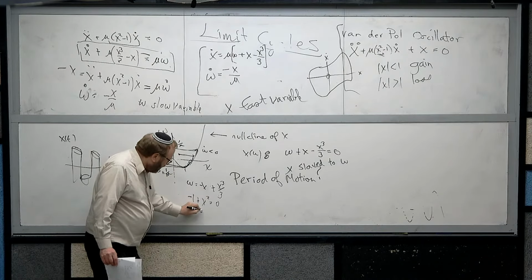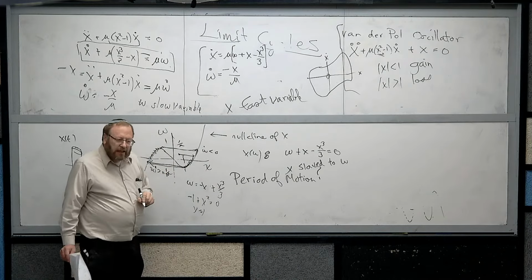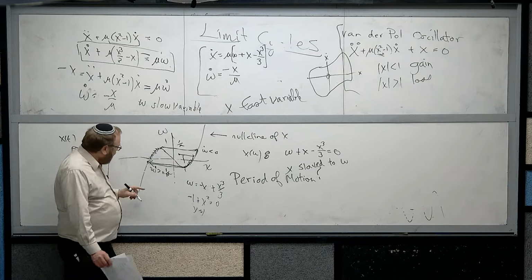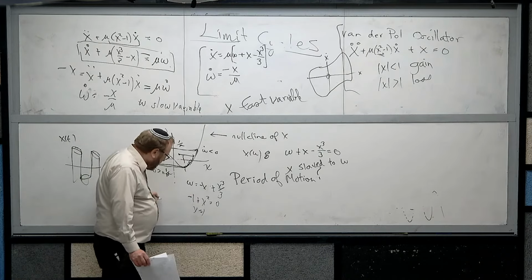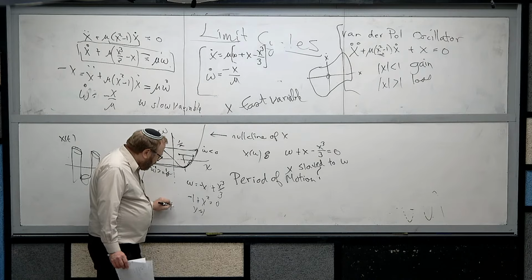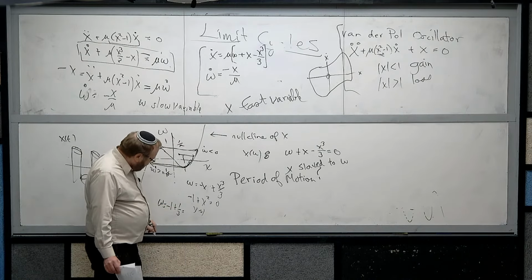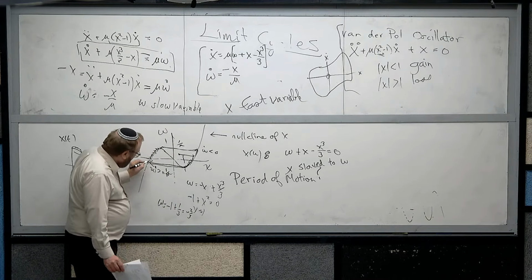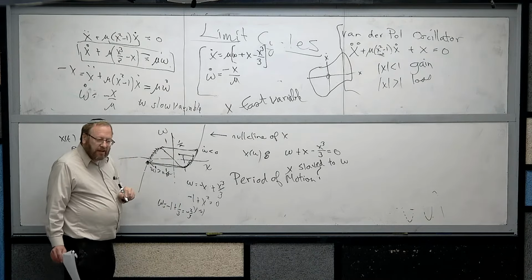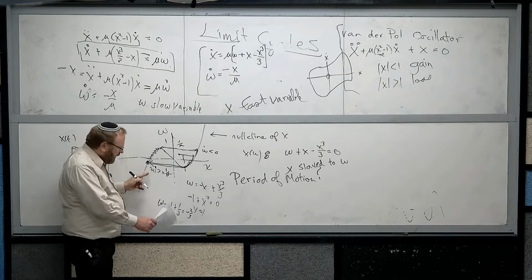So x equals 1. That's that value of x. Now, at that value, what is the omega? Omega is minus 1 plus a third, and therefore it's minus 2/3. So now we have to figure out where this point is, because this is back on the null line with a value of omega equals minus 2/3.